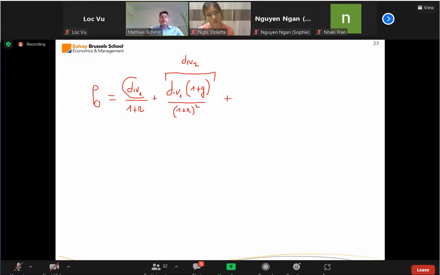It will be the dividend 2, and I apply the same growth rate, so then it is squared.